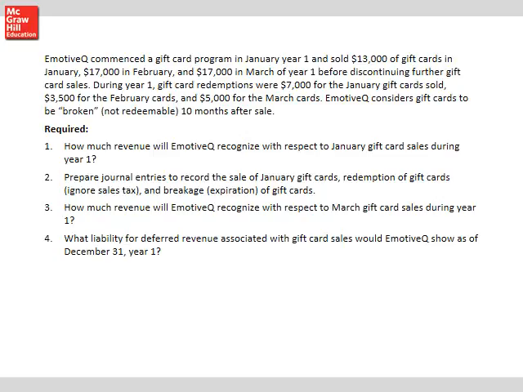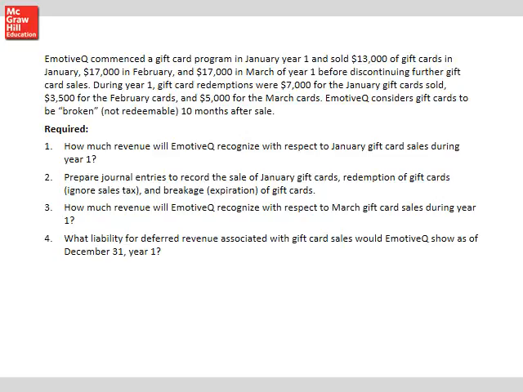During year 1, gift card redemptions were 7,000 of the January cards sold, 3,500 of the February cards, and 5,000 of the March cards. Emotive Q considers gift cards to be broken, in other words not redeemable, 10 months after the sale. How much revenue will Emotive Q recognize with respect to the January gift card sales during year 1?